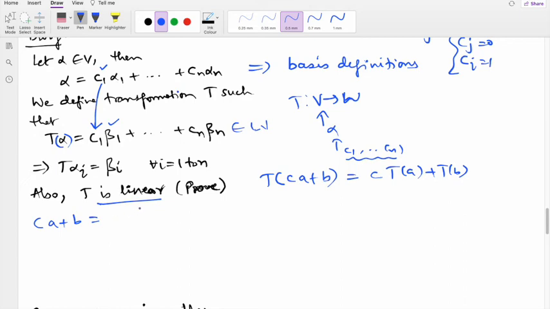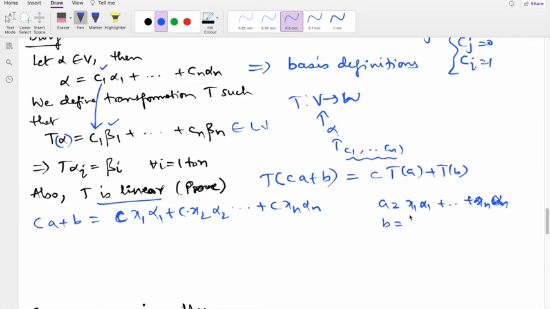Let's say X1 alpha 1 plus X2 alpha 2, and so on, until Xn alpha n. So A is basically X1 alpha 1 and so on until Xn alpha n, and B is basically again the same basis, until Yn alpha n.